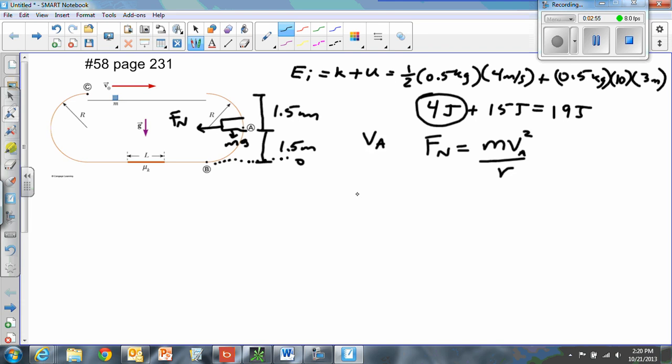So what I've got to do is say kinetic energy 4 joules, that's what it starts out with, and then 15 joules of potential. Not all 15 joules, but some of the 15 joules of potential goes away and turns into kinetic at point A. So it's going to be plus mgh_A, which is going to be 0.5 kilograms times 10 meters per second squared times 1.5 meters.